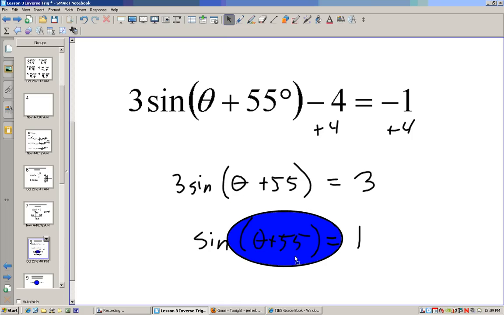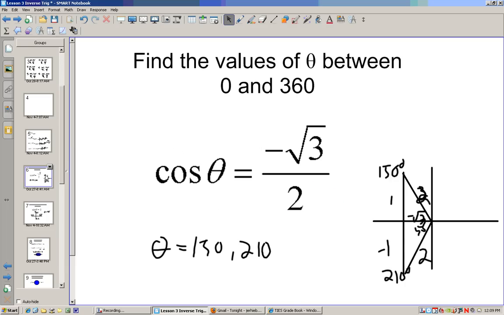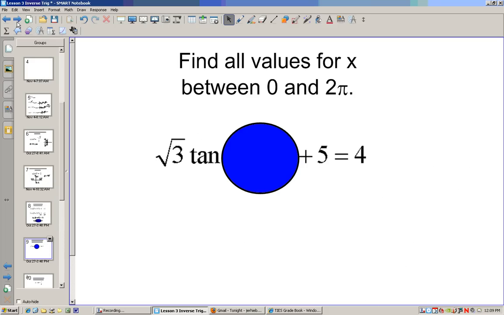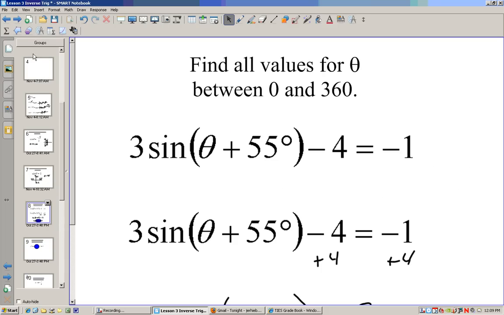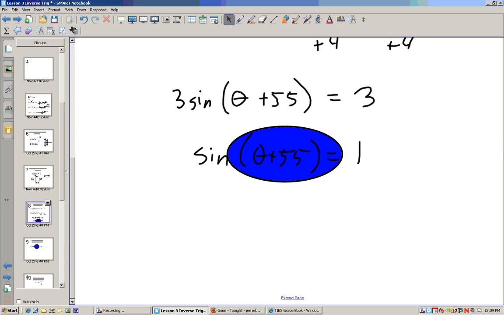And still, let's do this. If I had sine of blank equals 1, well, we just did that. On this problem, sine of theta equals 1, and we found out that that answer was 90. So this answer is 90. So I did the inverse sine.